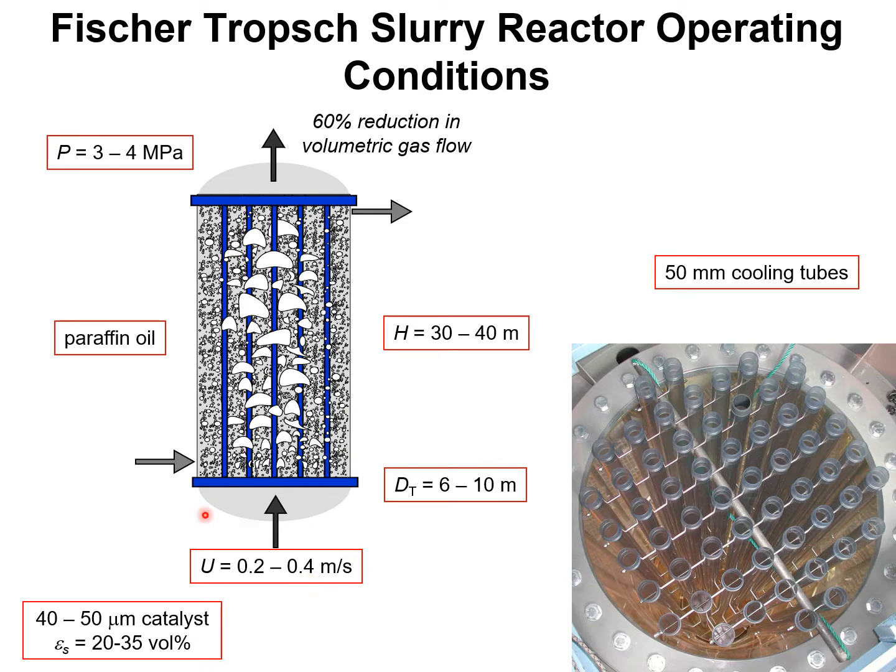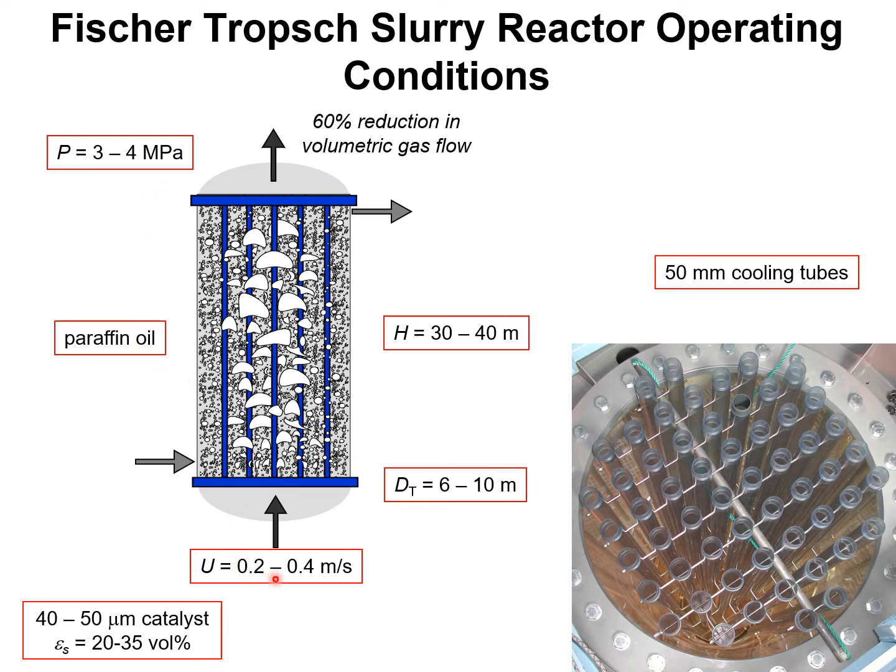The reactor dimensions are shown here approximately. The column diameters may range from 6 to 10 meters in diameter. The column height could range from 30 to 40 meters. The bubble column slurry reactor for FT synthesis operates at pressures ranging from 30 bars to 40 bars.